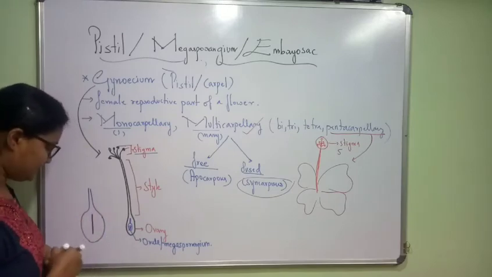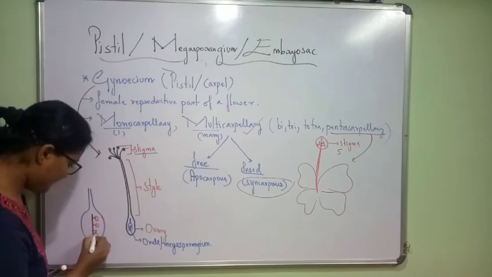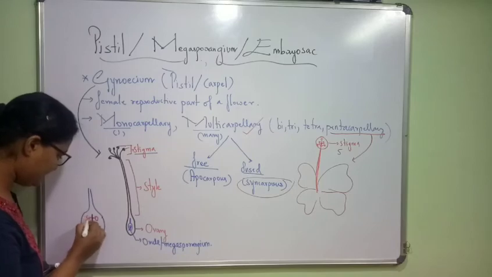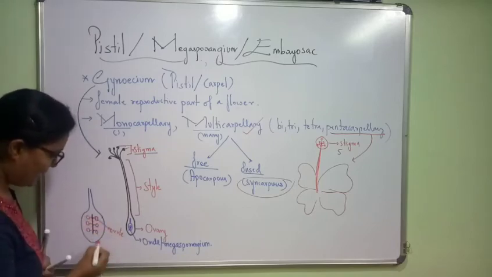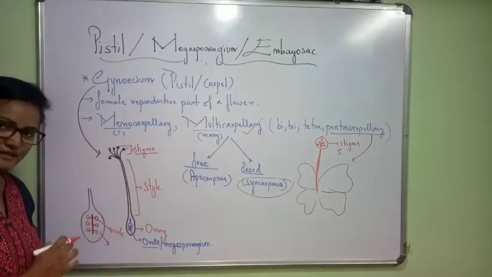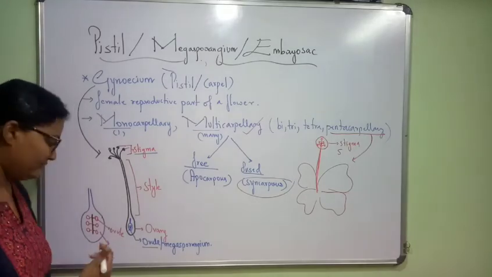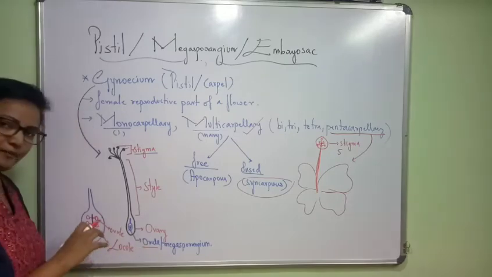To this placenta the ovules are connected like this. These are ovules, and the chamber in which these ovules are embedded, the ovarian cavity or chamber, we call the locule.